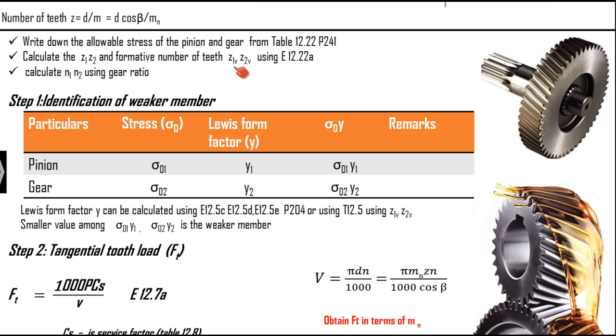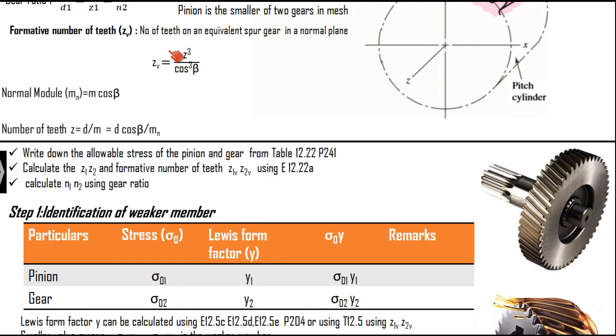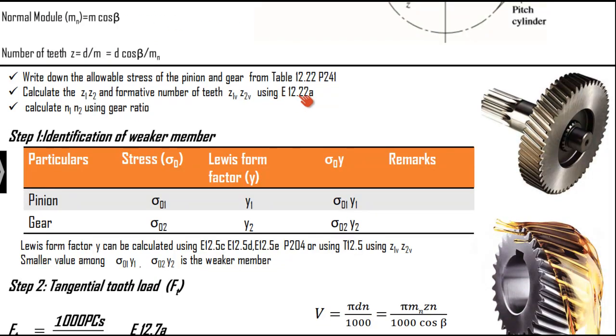Z1V is the formative number of teeth for the pinion, and Z2V is the formative number of teeth for the gear. Using the equation Z divided by cos cubed beta, also given in equation 12.22a. All these values Z1, Z2, ZV1, ZV2, N1 and N2 should be readily available before we start with the design procedure.